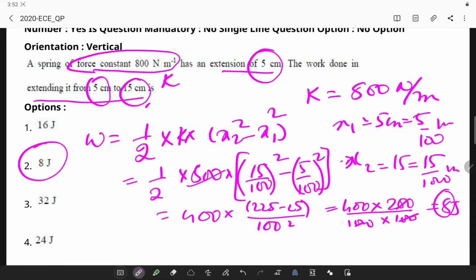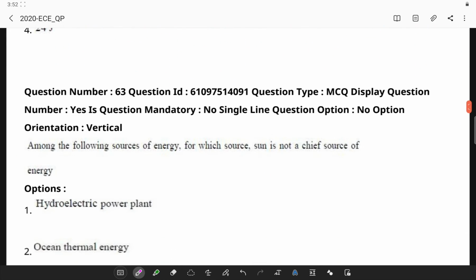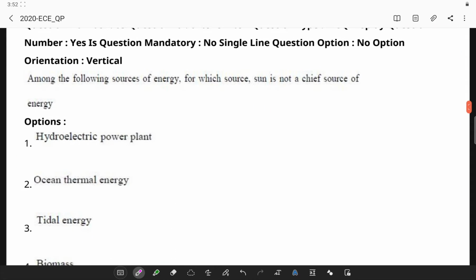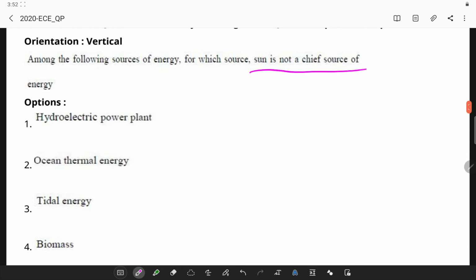Next, 63rd question. Among the following sources of energy, for which source is the sun not a chief source? So see this.